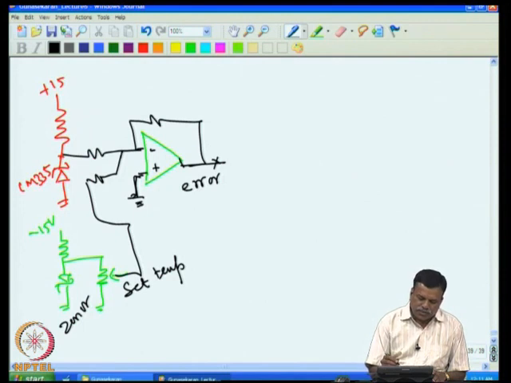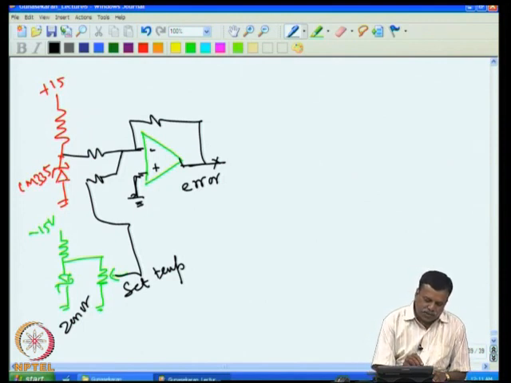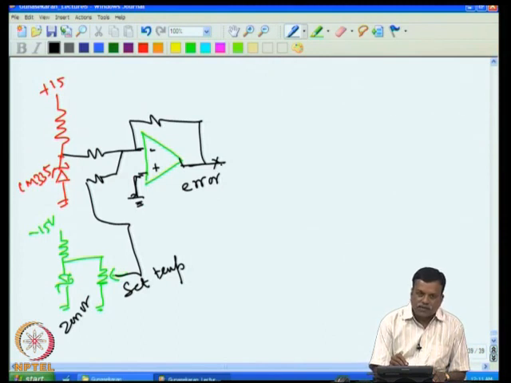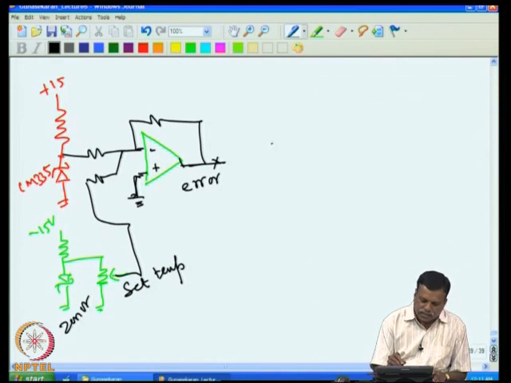When temperature goes up, in this case this voltage will be increasing by 10 millivolt per degree C, and since this is plus, this will be going to the minus side. So when temperature increases, you will see that the minus voltage is increasing. If you want plus, we can also invert it, since it's an error voltage we have to amplify and then add it.